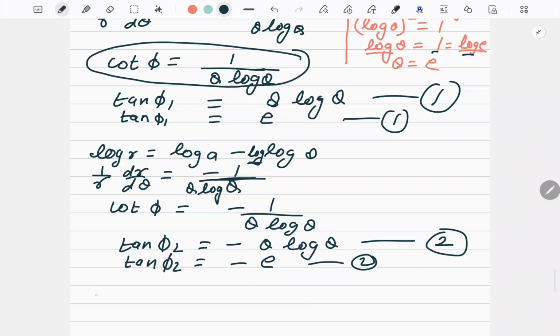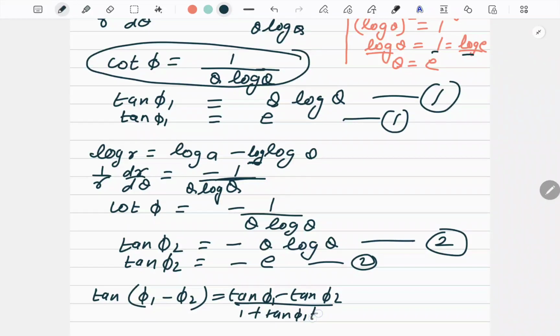So now I will go to my formula. Tan of phi 1 minus phi 2 is equal to tan phi 1 minus tan phi 2 upon 1 plus tan phi 1 into tan phi 2. So what is the tan phi 1 value? e. So e minus minus e upon 1 plus e into minus e.